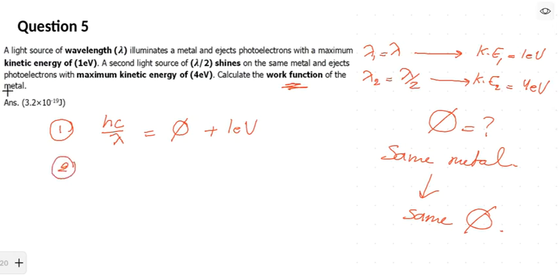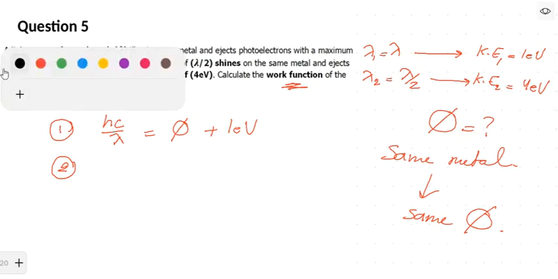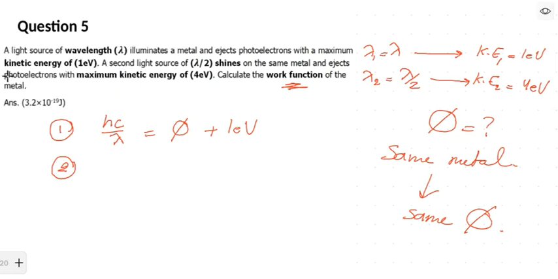Because I see here, I have two unknowns, the work function and the wavelength, because h is a constant given and c is given. So to find the work function, you can't, because you have two unknowns. So it doesn't work. I need to try another equation.